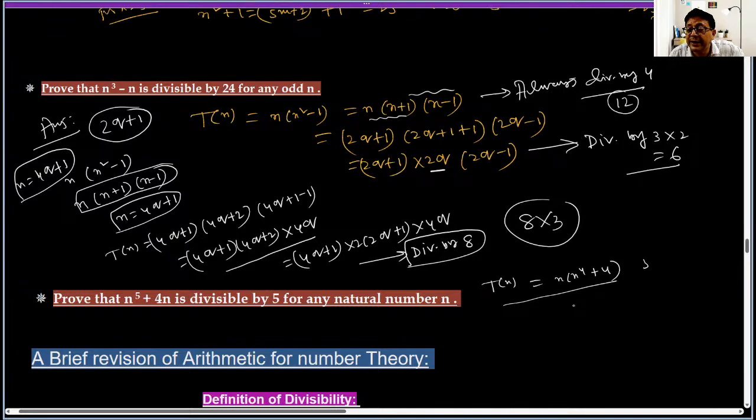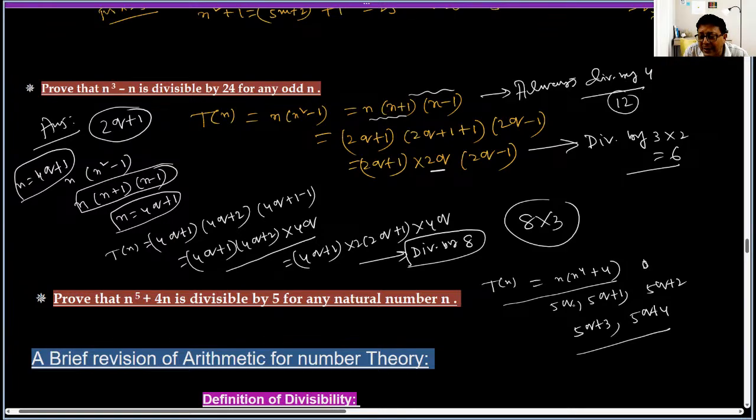Now go by the cases n equal to 5 cube, 5 cube plus 1, 5 cube plus 2, 5 cube plus 3 and 5 cube plus 4. With 5 cube, if you take n equal to 5 cube, then it is done.